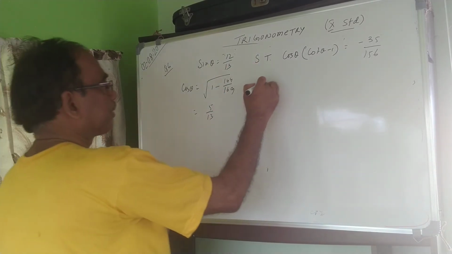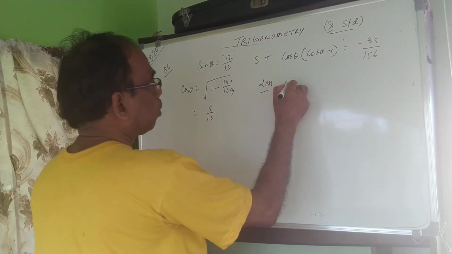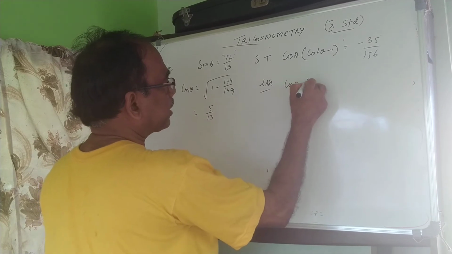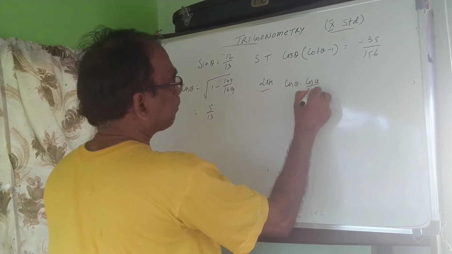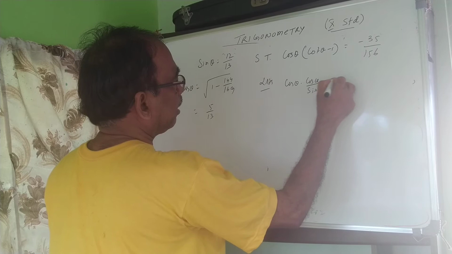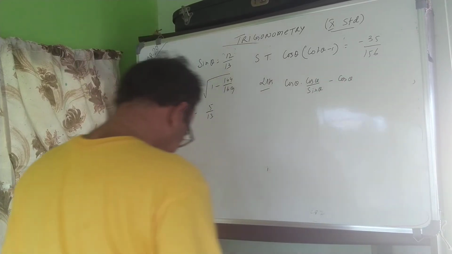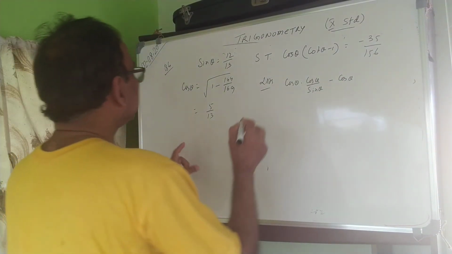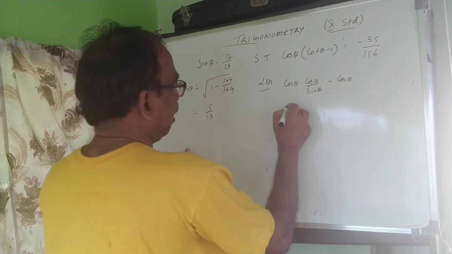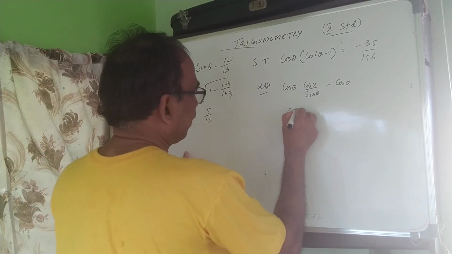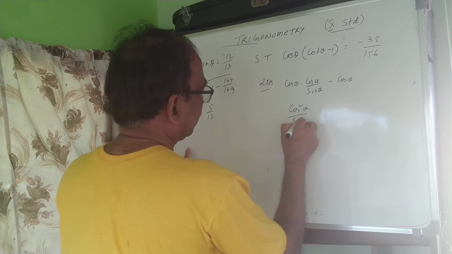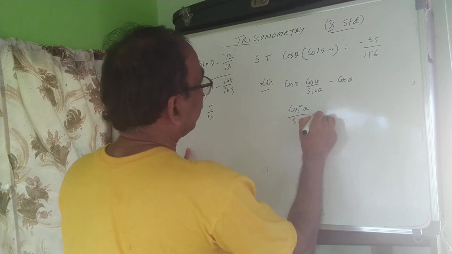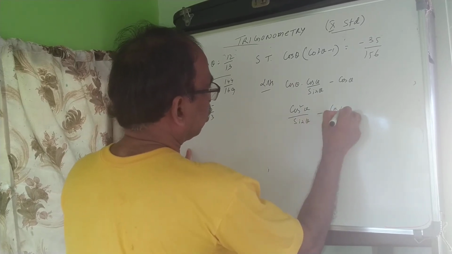Now LHS. Cos theta means cos theta by sin theta minus cos theta, that is cos square theta by sin theta minus cos theta.